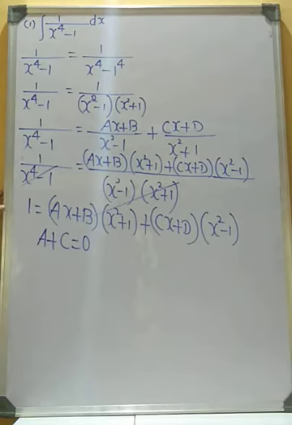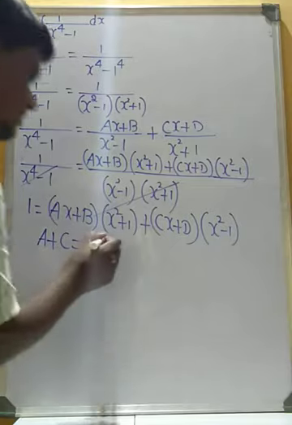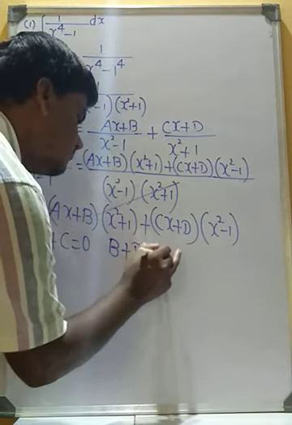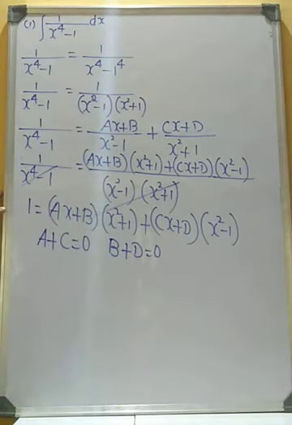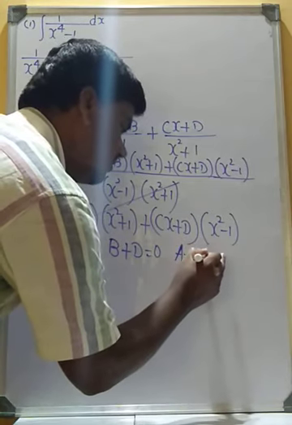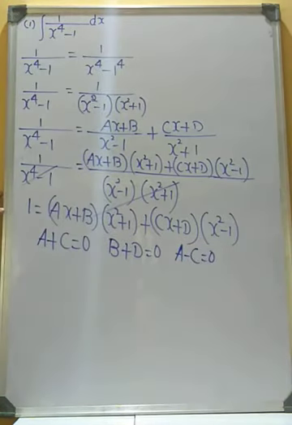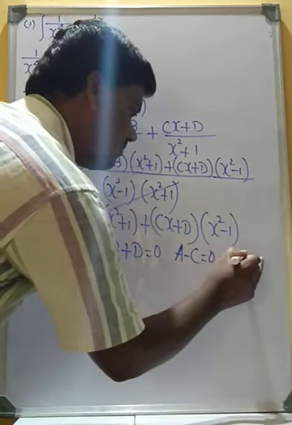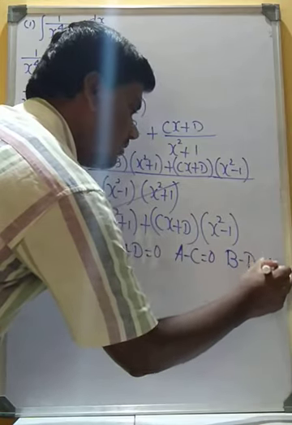Next, equating the coefficient of x square, b plus d equal to 0. Next, equating the coefficient of x, a minus c equal to 0. And lastly, the constant term, b minus d equal to 1.